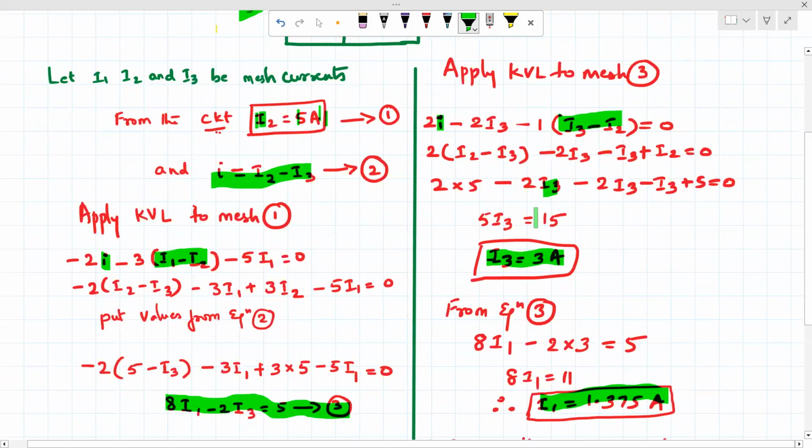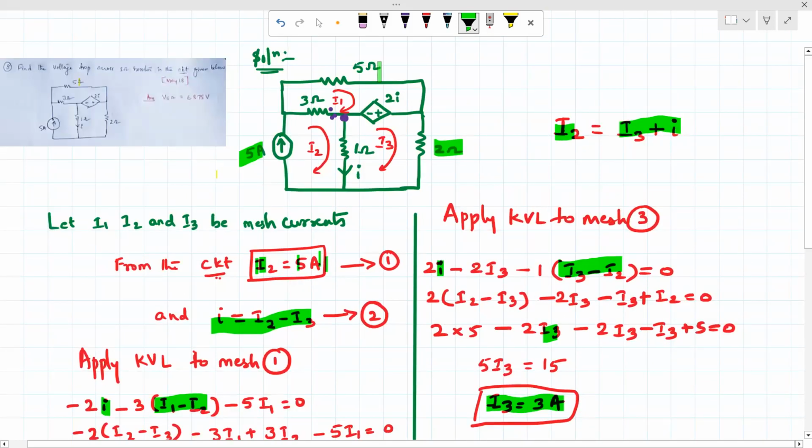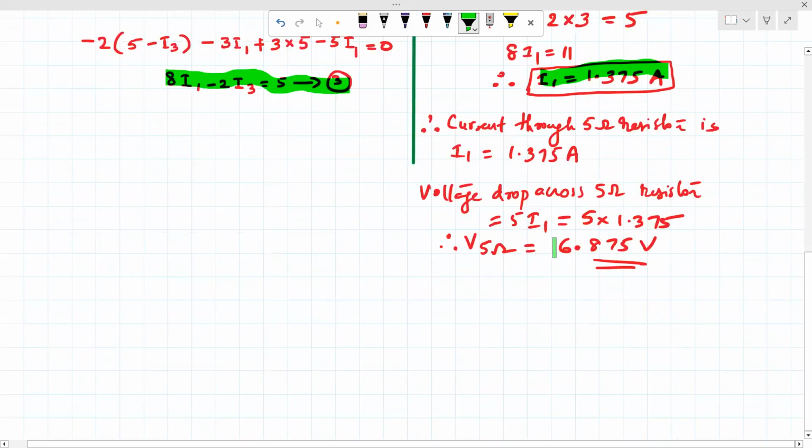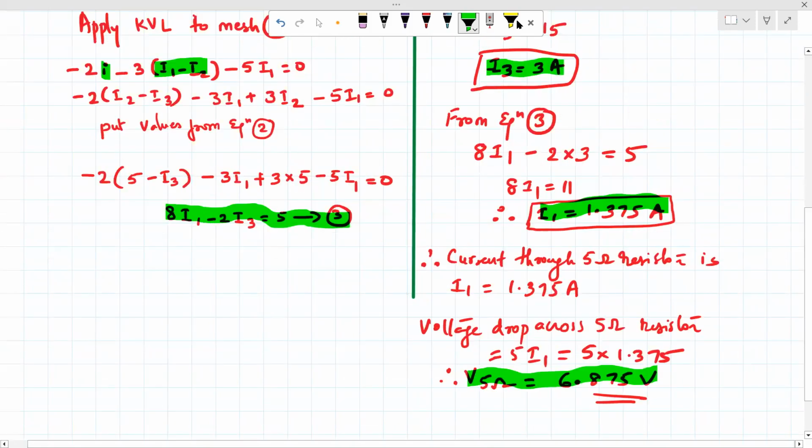So what is the voltage drop? According to Ohm's law, the voltage across the 5 ohm is current multiplied by 5 ohm. So I1 multiplied by 5 will give me the voltage drop across the 5 ohm resistor. So this completes the numerical.